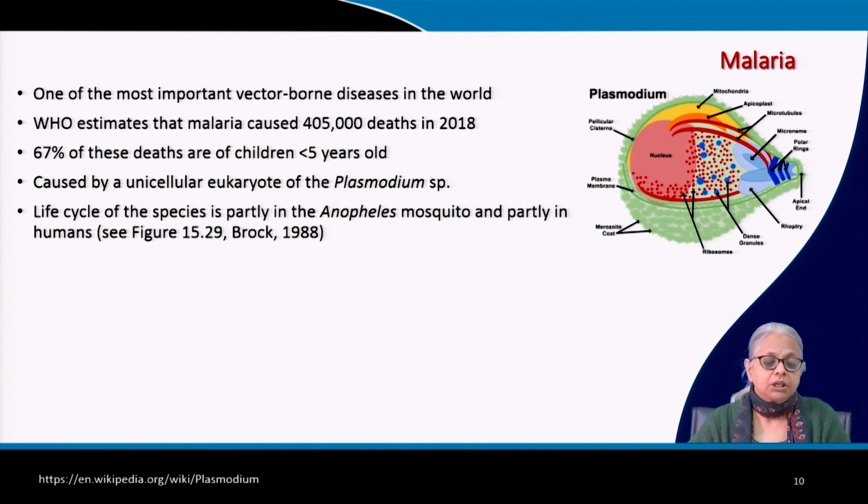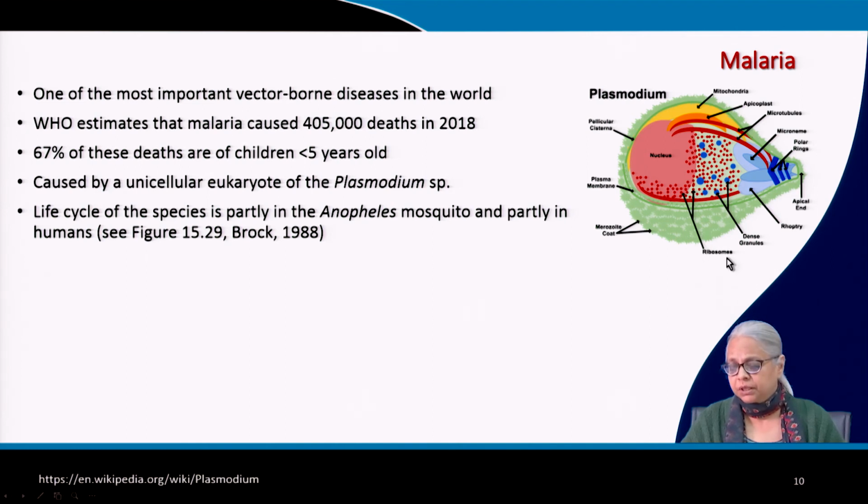And the causative agent is the Plasmodium species, and this Plasmodium species is shown over here, and you can see it's quite different from other types of microorganisms that we are familiar with. So you have a nucleus, and many of the general organelles that we associate with microorganisms are there.